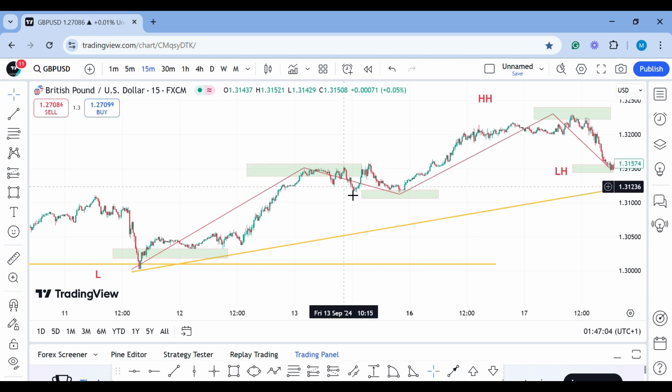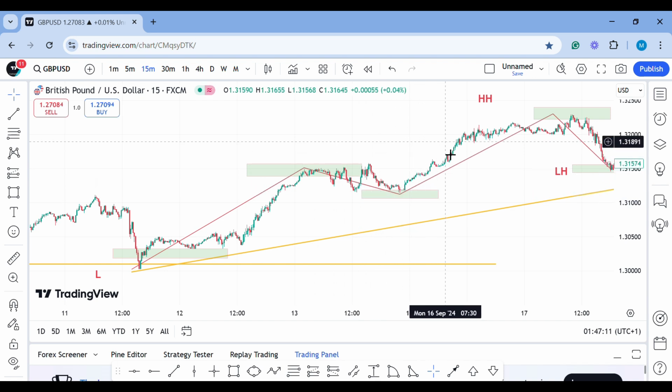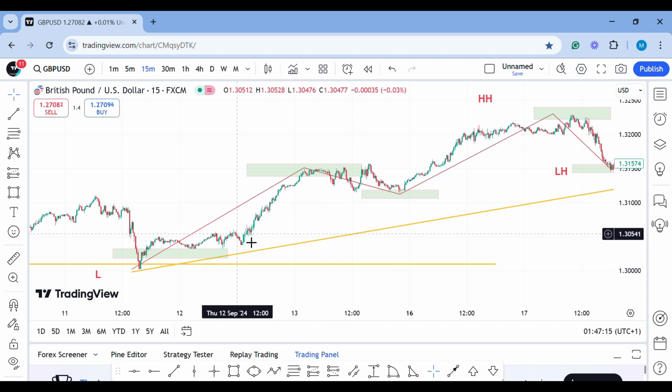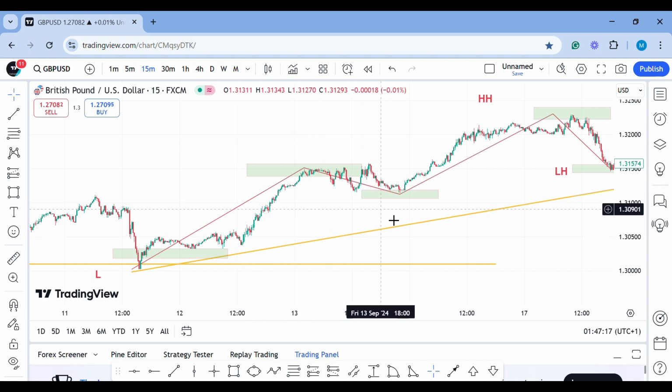So this is the high, created this low, then gave us another high and came back to give us equal low, then pushed up again. You can see multiple. These are called the minor structure inside the major structure.